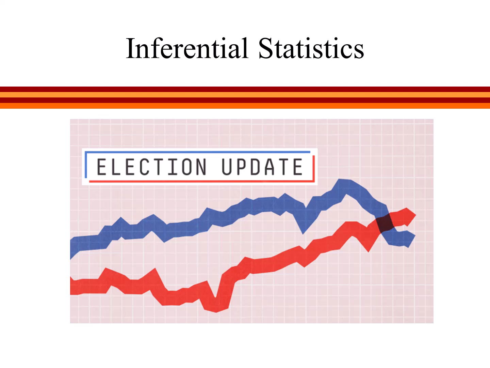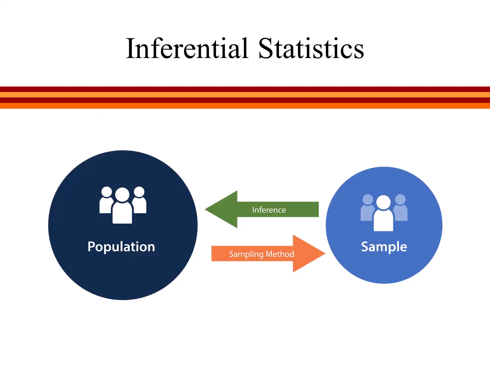As you might be aware, there have been a few cases of pollsters calling an election incorrectly, most recently in the 2016 election. This is because the process of inferential statistics is not perfect, and in order to infer from the sample back to the population, we must first make sure that our sample looks like or is representative of our population in the first place.